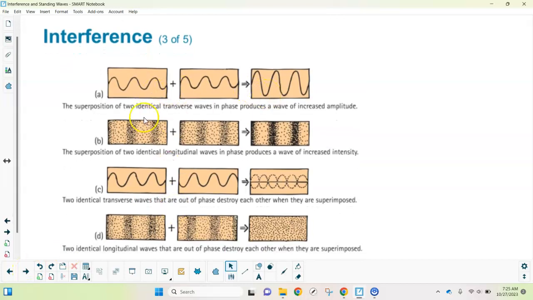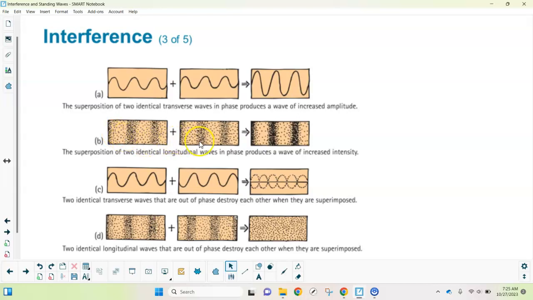So this is for transverse waves. The same thing happens in longitudinal waves. It's harder to see. In longitudinal waves, we have our high pressure areas and our low pressure areas. So we have our compressions, where the particles are pushed together very tightly, and the areas where they're stretched out, which are the rarefactions.